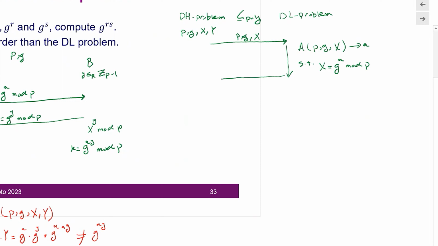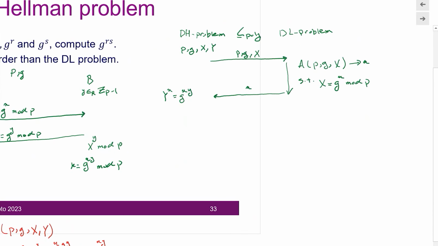Then we would just return x over here for us, and then we can compute the solution by raising Y to the power x, which is equal to G to the xy, right? So if there is such an attacker that can attack the discrete logarithm problem efficiently, and we can solve those things, then that means that we can solve the Diffie-Hellman problem.